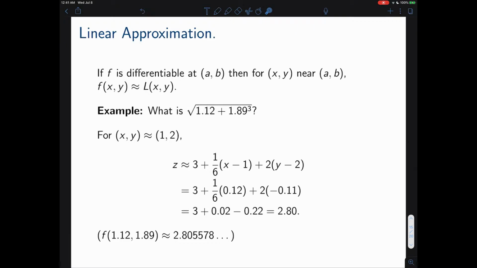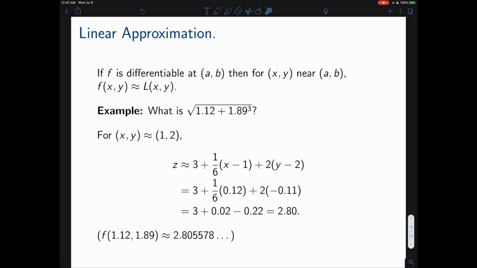So, for example, if we wanted to find the square root of 1.12 plus 1.89 cubed, one approach that we could take is we could say, look, 1.12 is pretty close to 1, and 1.89 is pretty close to 2.